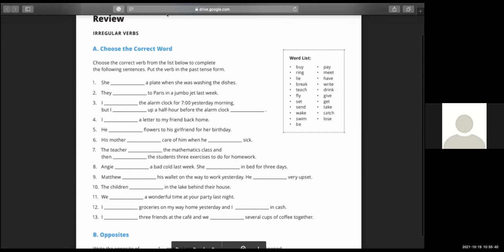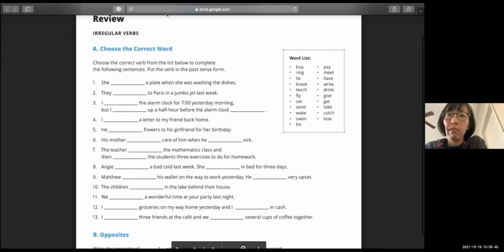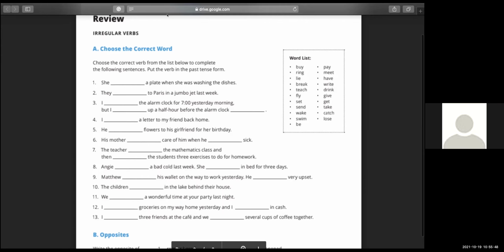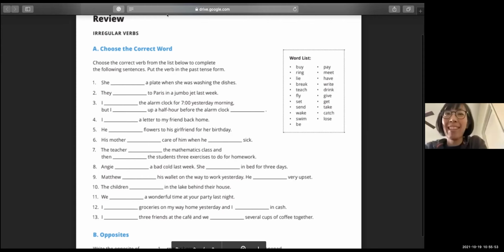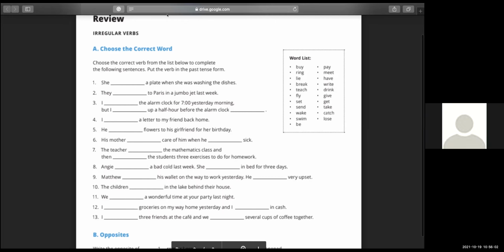He sent flowers to his girlfriend for her birthday. Which one is right, Miss Vanessa? Which number? I'm sorry. It's number 5. I choose sent. Sent or both? Both are correct. Okay.